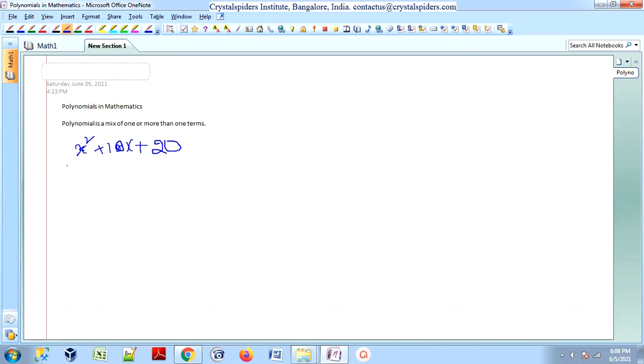Here we can say this is one term, this is one term, and this is one term. At the same time we can say this is a polynomial. Of course this is an equation for a parabola, and at the same time this is a kind of polynomial.